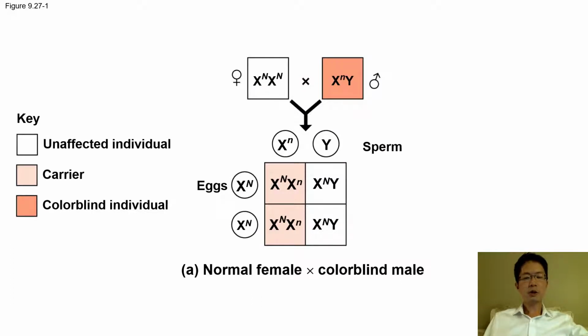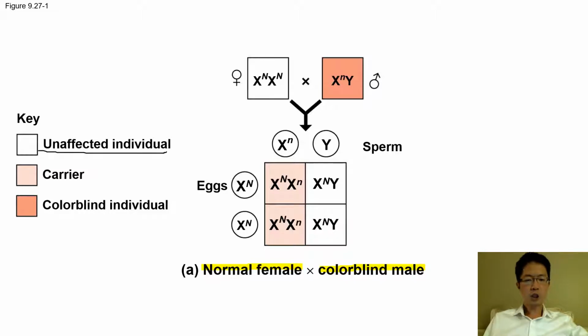Let's take a look at the possible crossings of the different cases of color blindness. For example, now we have the normal female crossing with the colorblind male. In this case, we have 3 cases.